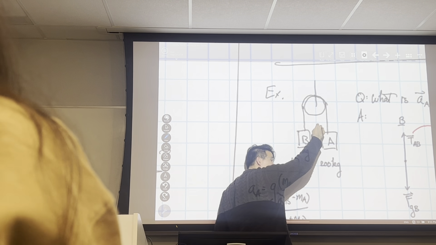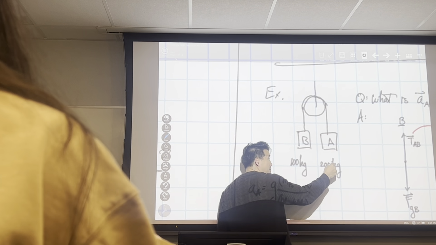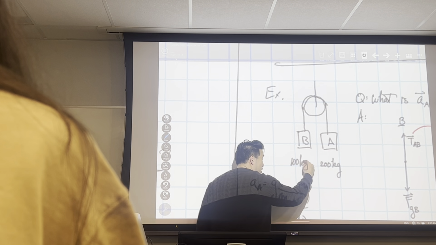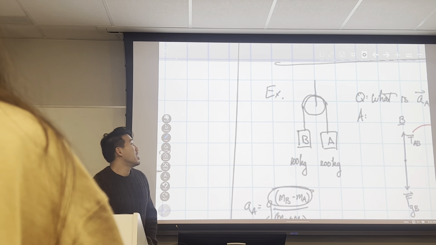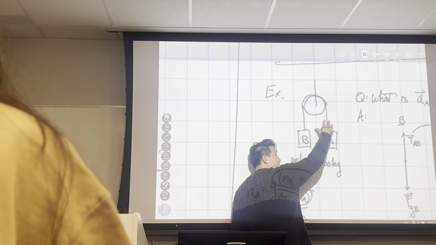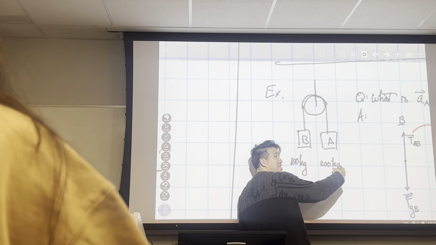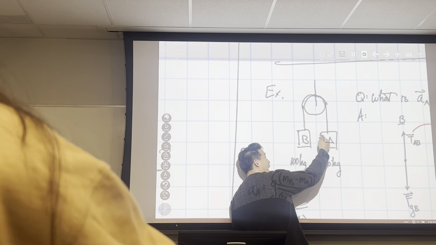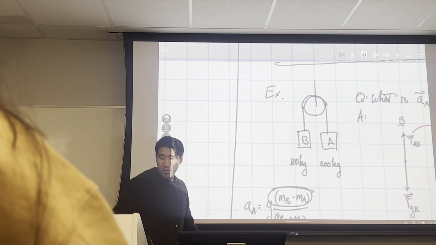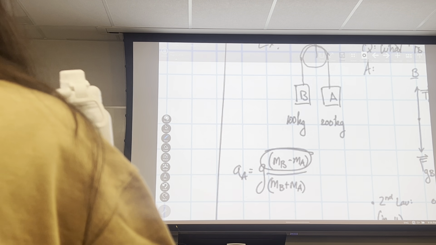So the gravitational pull on this entire system is going to be the difference, and that's what's up here. But that net gravitational pull is now moving how many objects? A and B, which weigh a total of 300 kilograms, and that's down here.